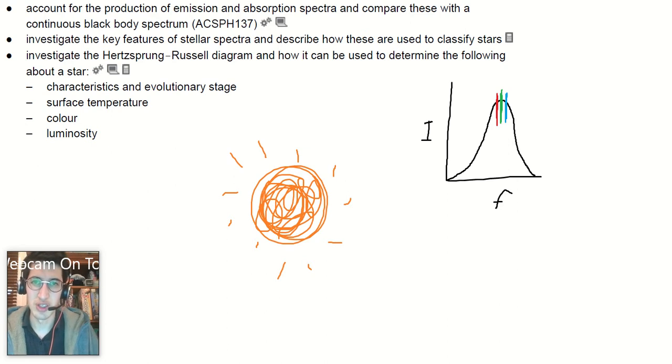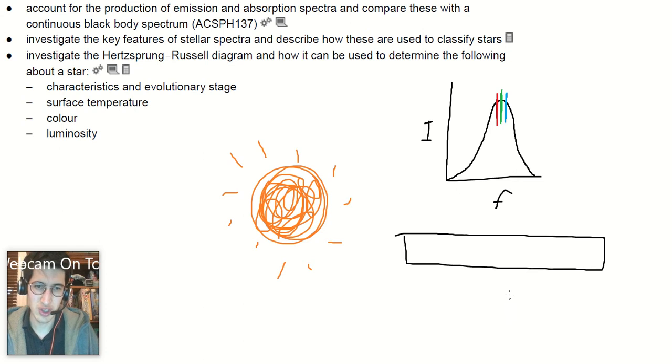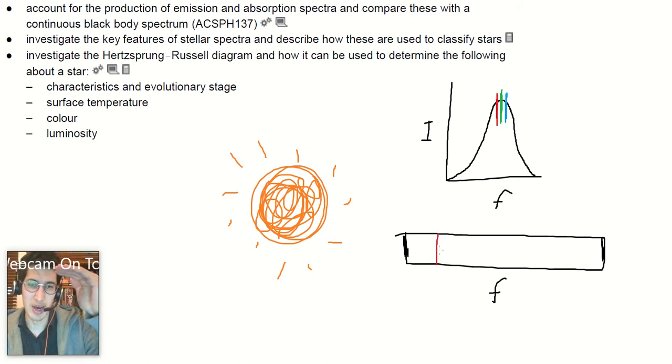So we usually display this if we look at a continuous spectrum. We have frequency again, from red on the left to blue on the right. If we energize some hydrogen and it releases light, it's going to release one red bit of light, which corresponds to an electron in the third shell jumping down to the second.